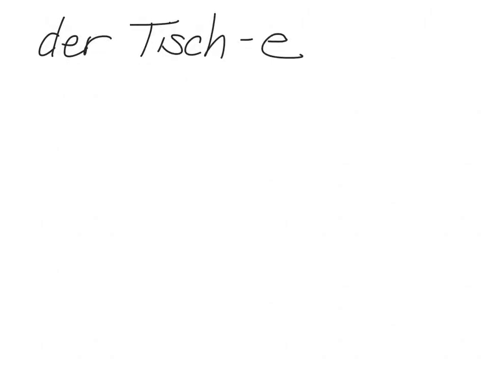How about table? Wie sagt man table? Tisch. Der, die oder das? Der. Gut. To make a plural, add an E. And there's one that's very similar to that. How do you say to write? Schreiben.